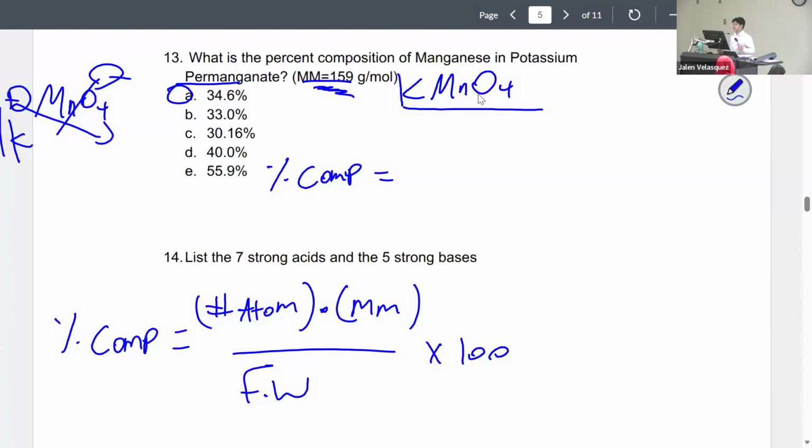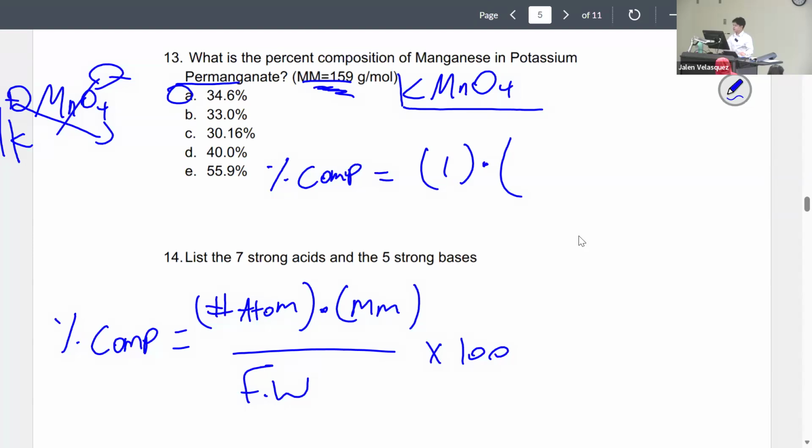Right, so how do you get there? So we're solving for manganese, right? So we're following this formula. How many atoms of manganese do we have here? One. Just one, right? What's the mass of manganese in the periodic table?